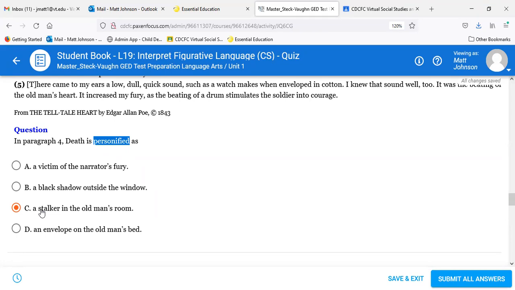Stalking, more generally, could be any type of predator, like a bird or a cat stalking its prey. But a stalker also could be a human. And the other choices here are not human qualities, right? The victim's narrator's fury isn't necessarily human. A shadow is not human. An envelope is not human, but a stalker can be human. That could be a human quality. So C, number 4 there.